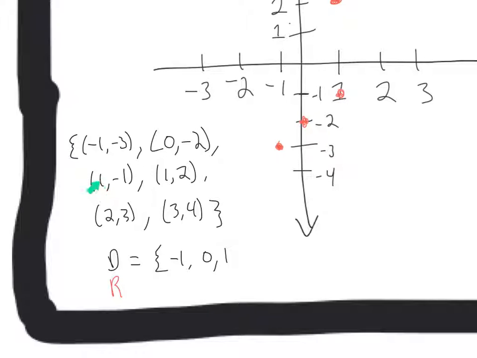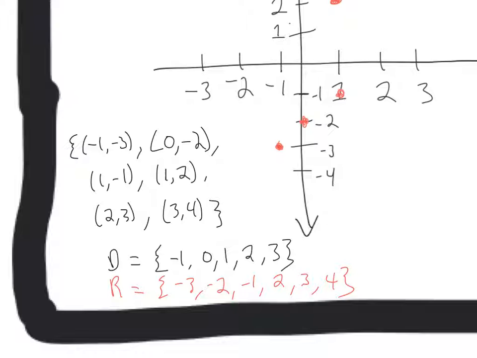We recognize a repeat, so that should throw up a red flag. We also have 2 and 3 in our domain, and then our range has the numbers -3, -2, -1, 2, 3, and 4.